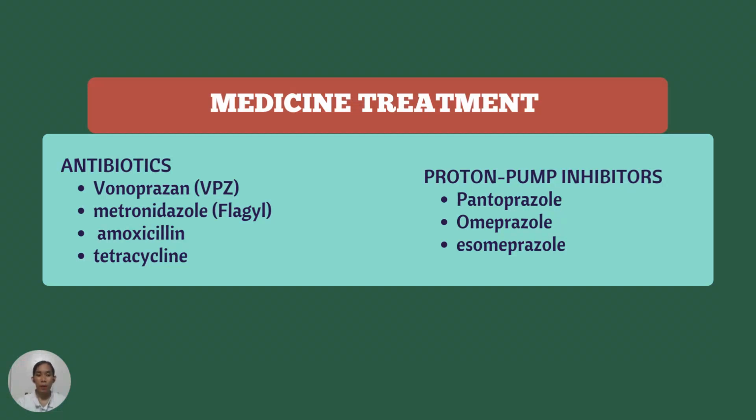On the other side, we have the proton pump inhibitors, which work by reducing the amount of stomach acid made by the glands in the lining of our stomach. We have here pantoprazole, omeprazole, esomeprazole.